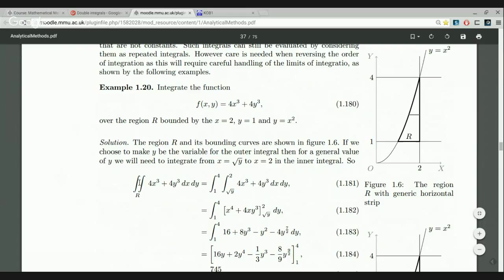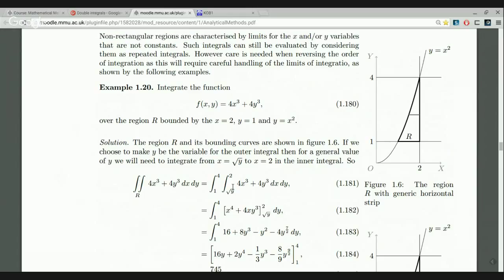So we've got this double integral here, and I will just talk about this on the board a little bit, because the explanation is partly the way you write down the limits, the order in which you write down the limits. So example 1.20, the double integral over R of 4x cubed plus 4y cubed dx dy. The first thing is just a decision to make the inner integral be the x integral.